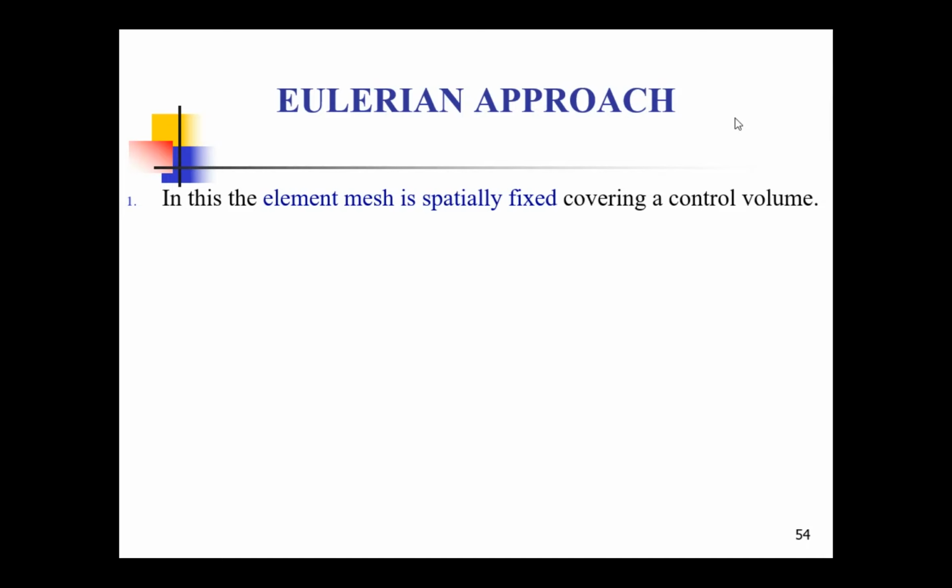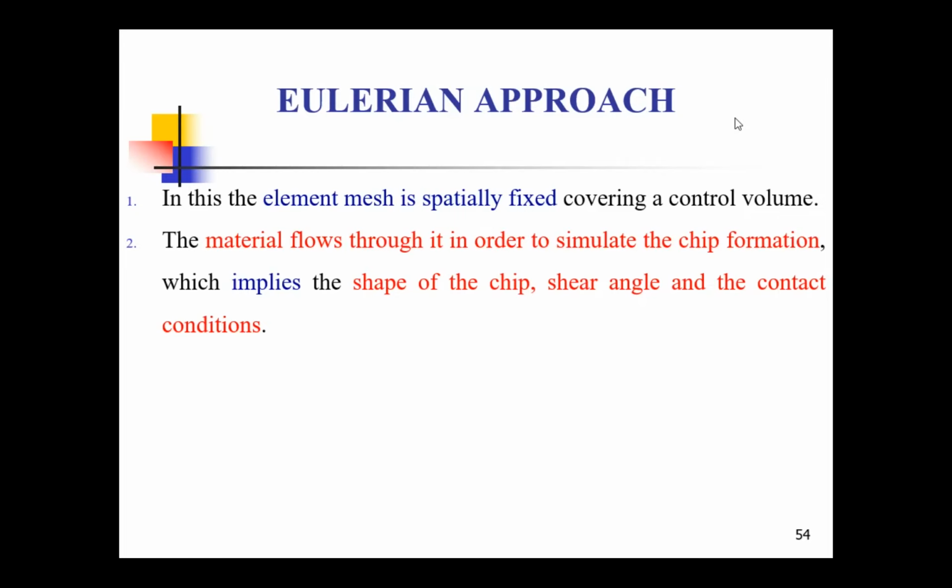In this, the element is spatially fixed. For chip formation, the material flows through the element, and it forms the shape of the chip, shear angle, and the contact conditions.